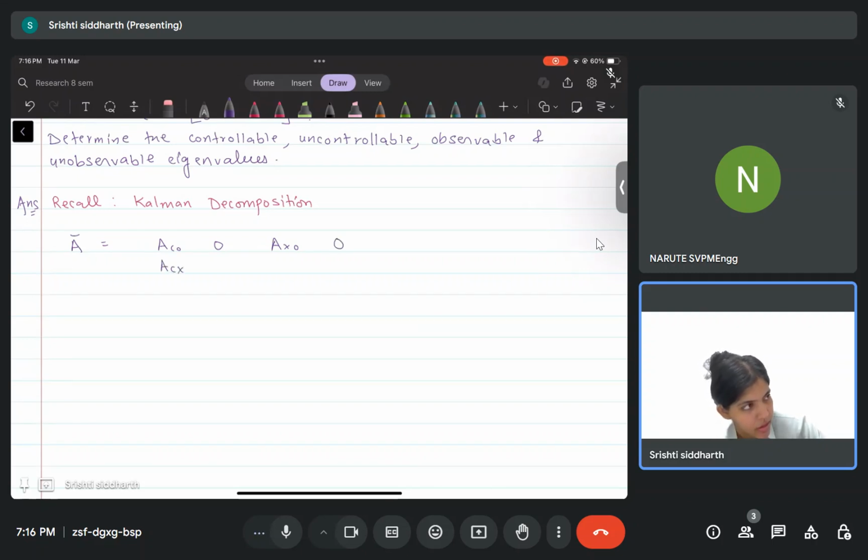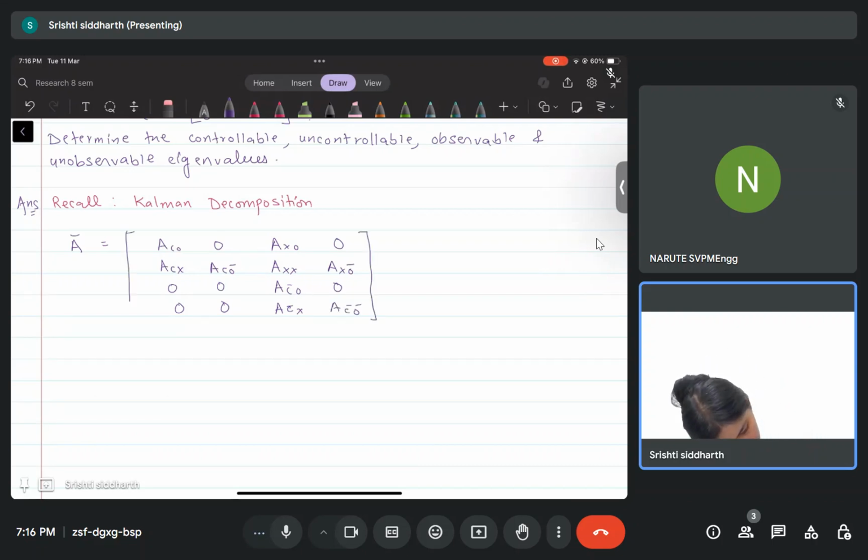ACX, ACO bar. This is 0, 0, 0, 0. So you can refer to the lecture slides to recall this. This is A. Similarly, we have the B and C matrices as well.